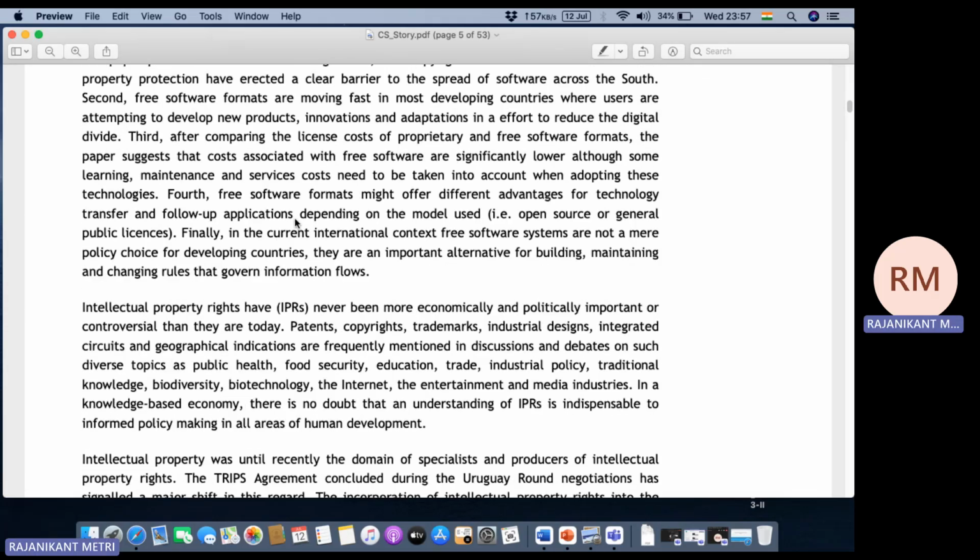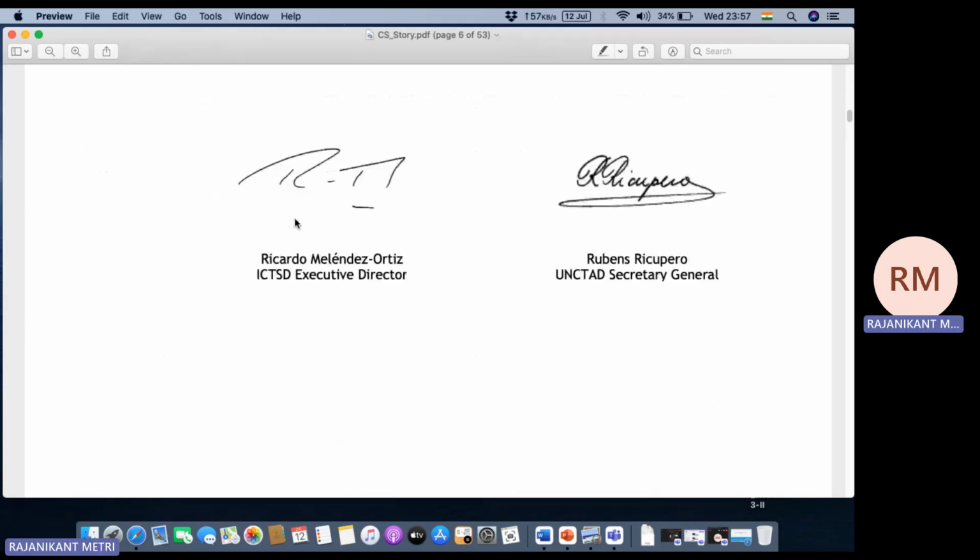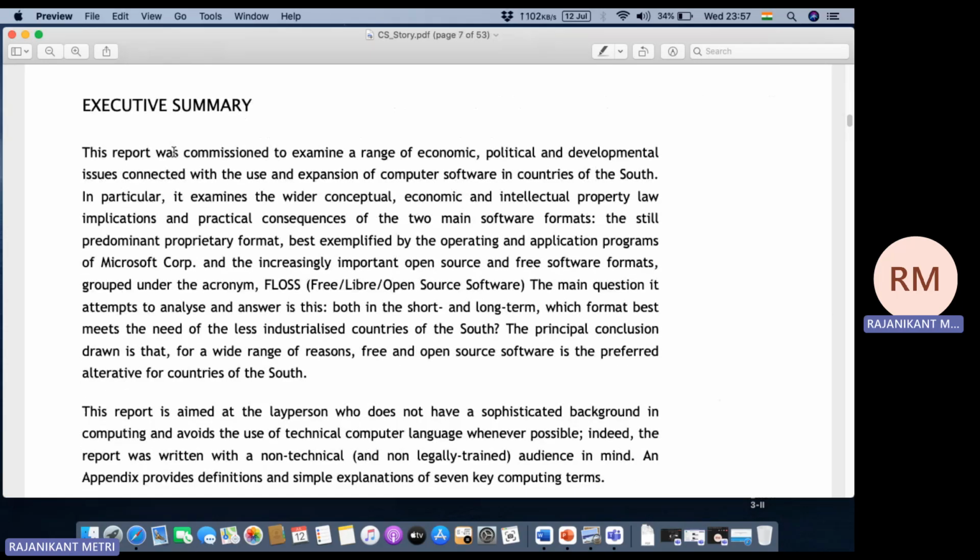This is a big article, but you can go through the summary here and what this report is all about. It examines a range of economic, political, and developmental issues connected with the use and expansion of computer software in countries of the South.